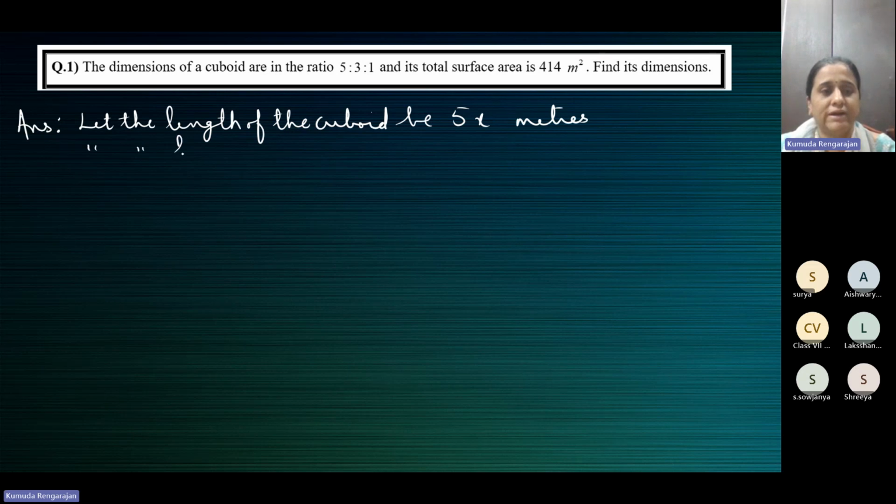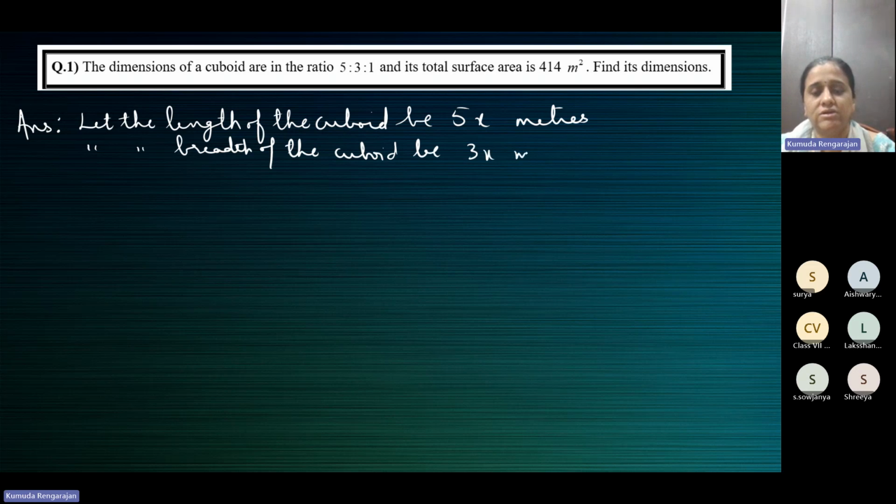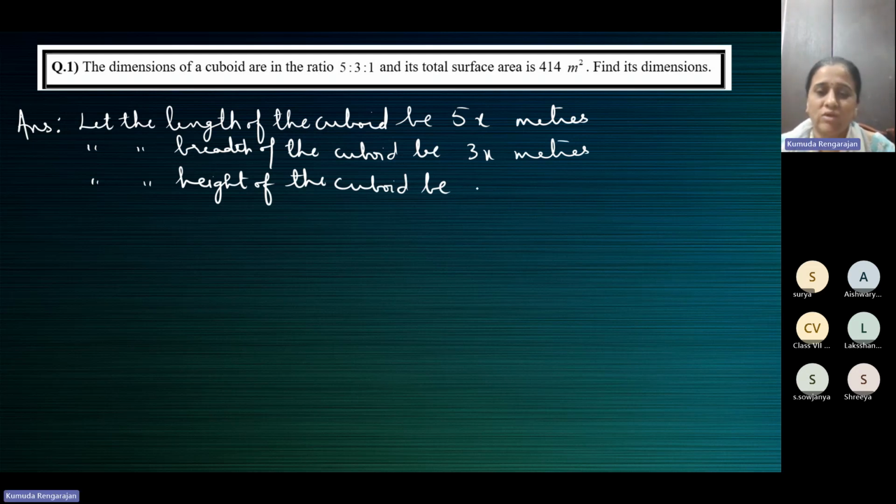Let the breadth of the cuboid be 3x meters, and let the height of the cuboid be 1x or simply x, which is nothing but x meters.